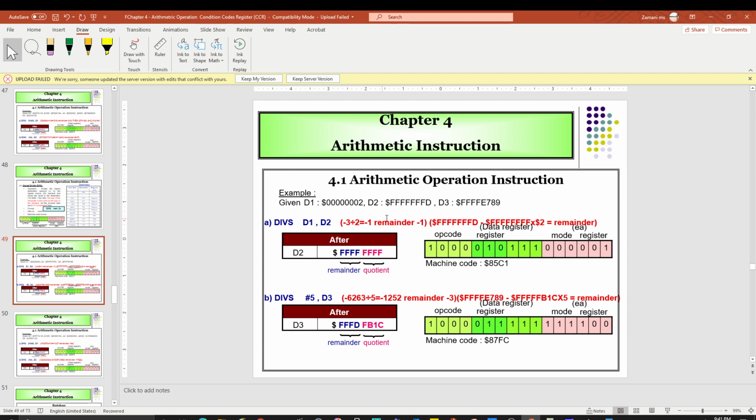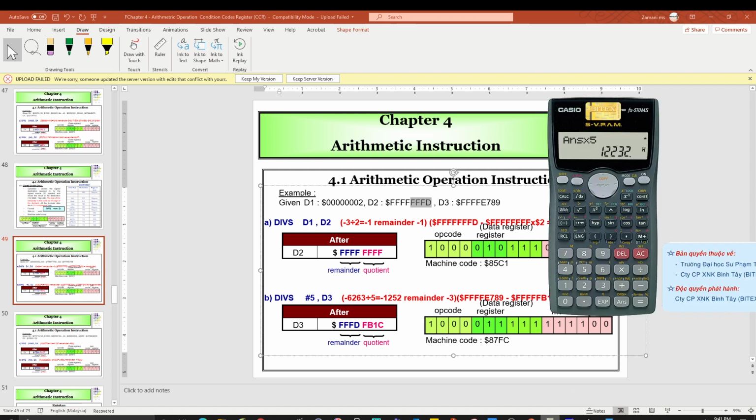Okay, D2 is what? This is the value for D2. Word size should be FFFD. FFFD means you're going to take this value only, but the thing is now the MSB is equivalent to 1 and this is signed numbers. You have to look at the MSB over here. So it means that the value is going to be FFFD, okay, divide by the value at D1.